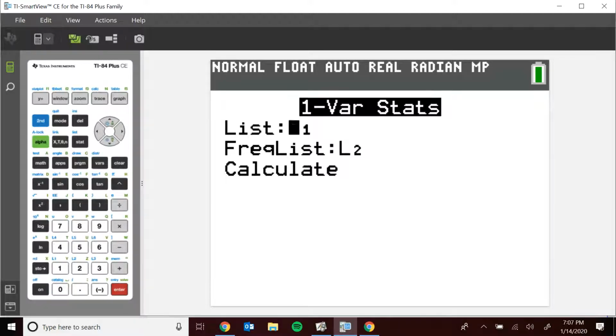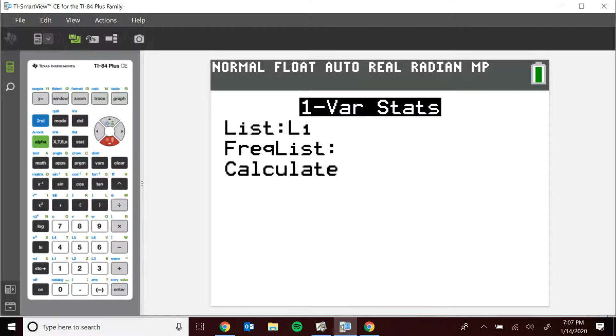Well, you're not going to have anything in L2. L2 should be blank. You are just finding the data for list 1. So you need to come on down here and delete that out. So it is gone. It is not there anymore because you do not have your frequencies in L2. You're only computing information for list 1.